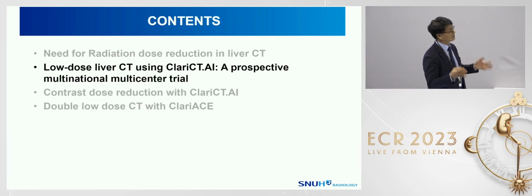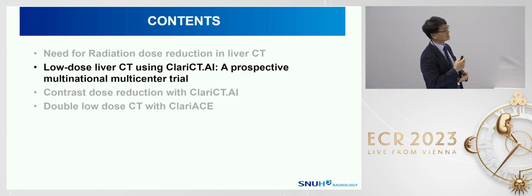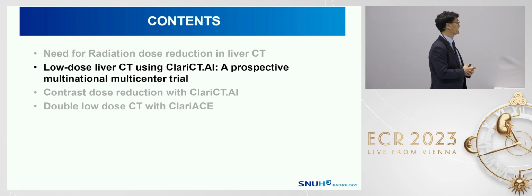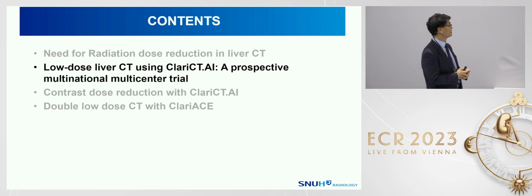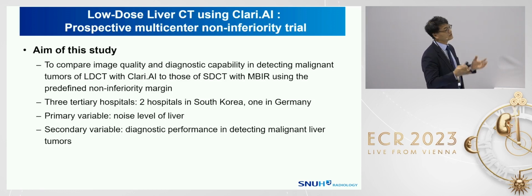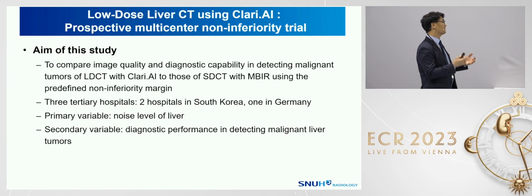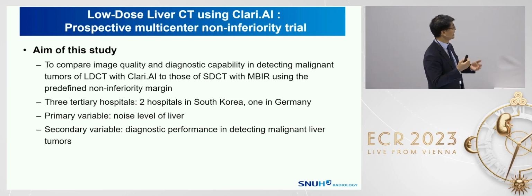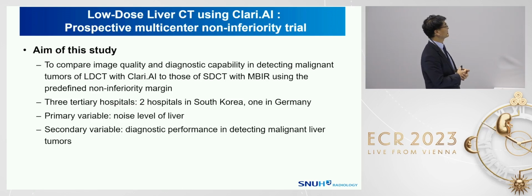Based on those retrospective study results, we designed a multinational, multi-center clinical trial regarding low-dose liver CT using ClariCT.AI. So the study design would be the same. We used the low dose CT with the ClariCT.AI. Radiation dose is 33% of standard dose CT, and the standard CT images were reconstructed with MBIR. 3 tertiary hospitals participated, 2 hospitals in South Korea and 1 center in Germany.